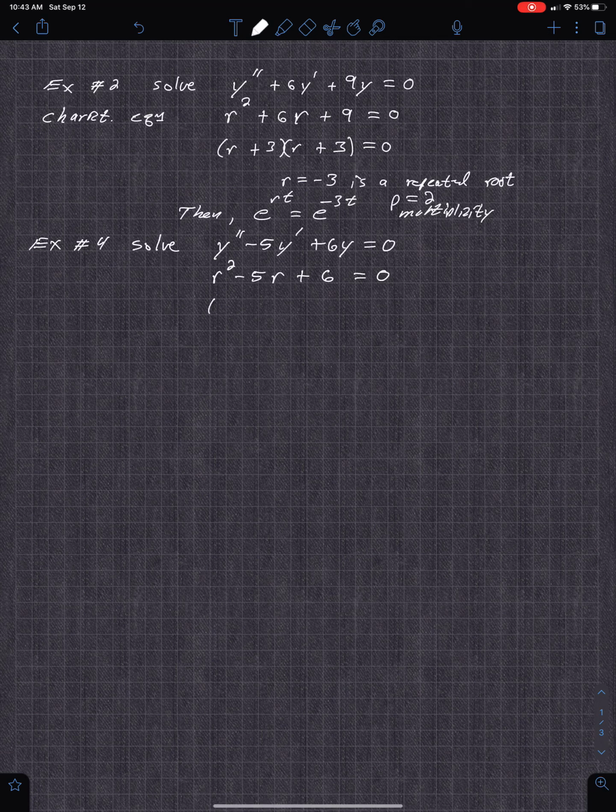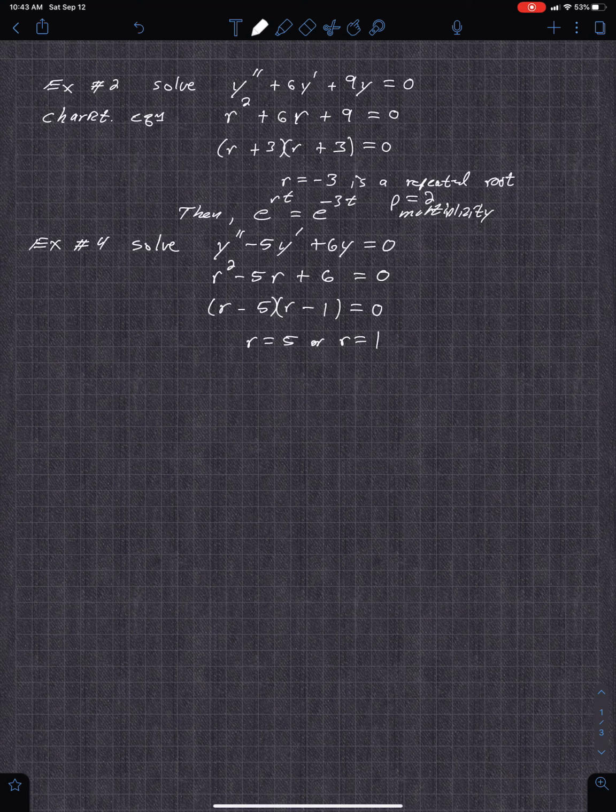So you factor that thing, you get r and r, 5 and 1, and they are both negative. So you get r equal to 5 or r equal to 1.